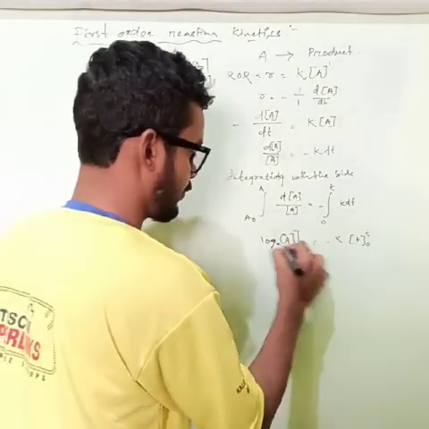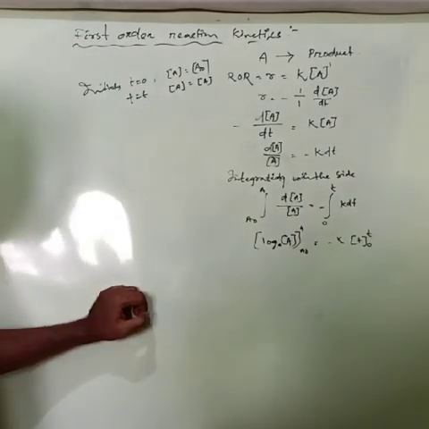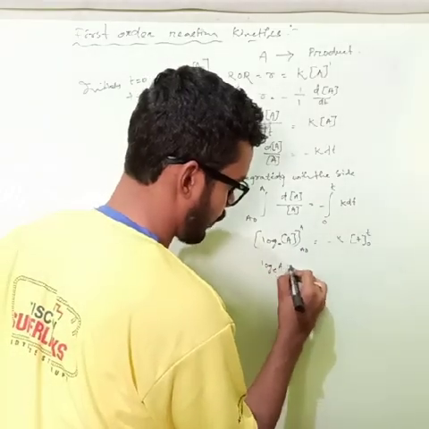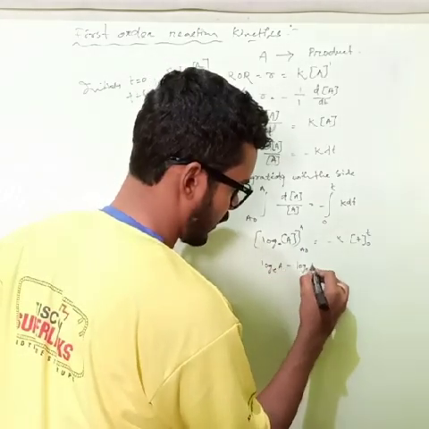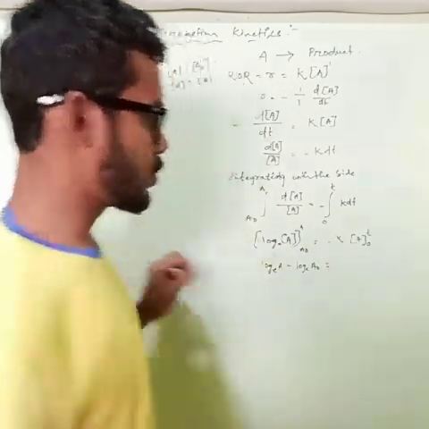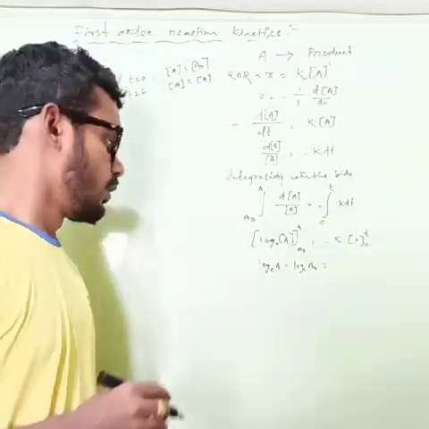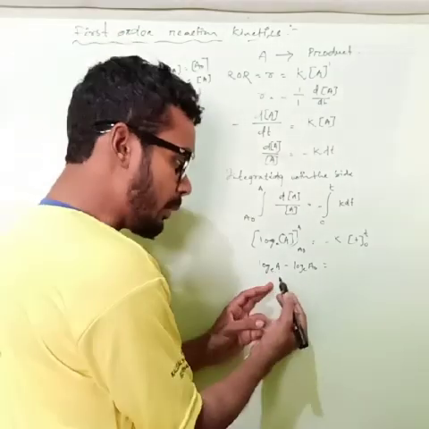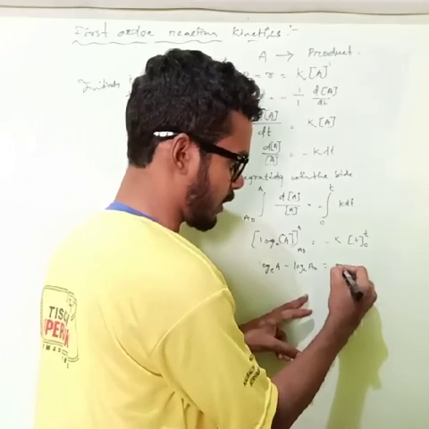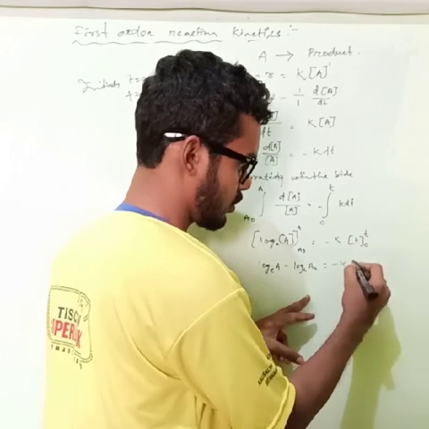Here also A naught to A. So you can write log e A minus log base e A naught, which equals minus K times t minus 0.